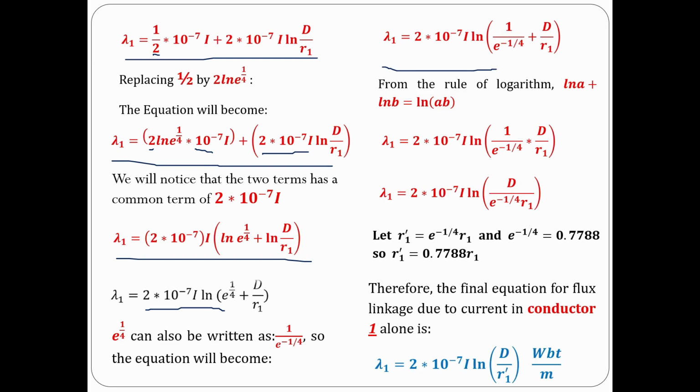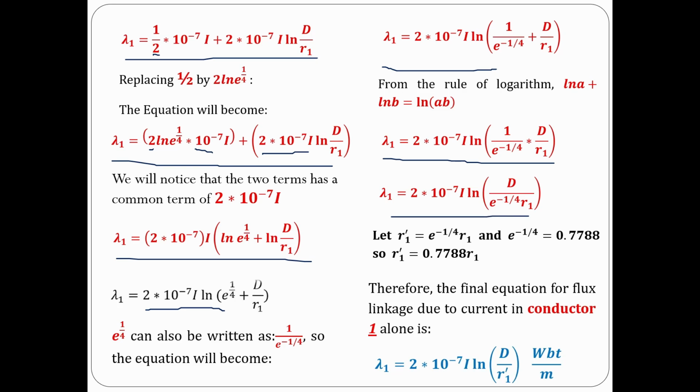From the rule of logarithm, ln a plus ln b is equal to ln ab. So the equation will become 2 times 10 to the negative 7 i ln 1 over e to the negative 1/4 times D over R1. Simplifying further, the equation will become 2 times 10 to the negative 7 i ln D over e to the negative 1/4 R1.